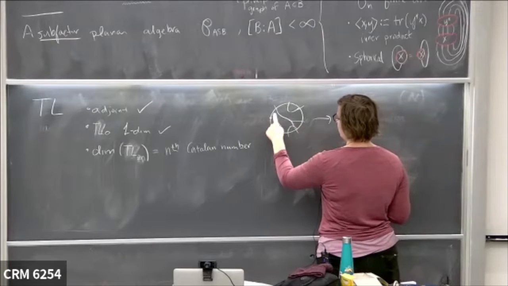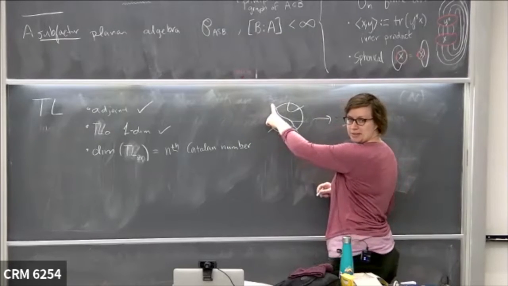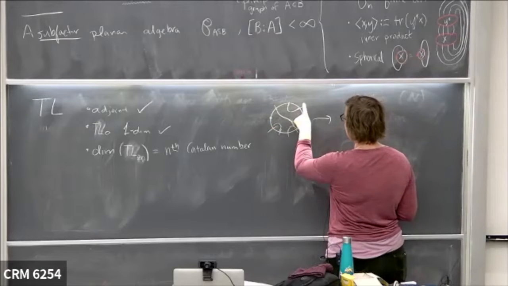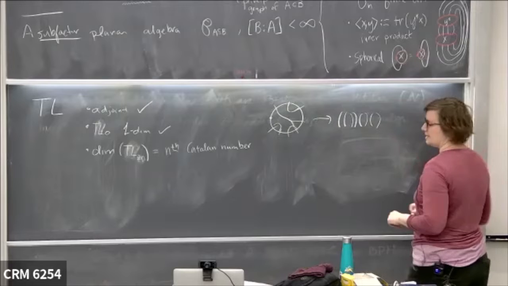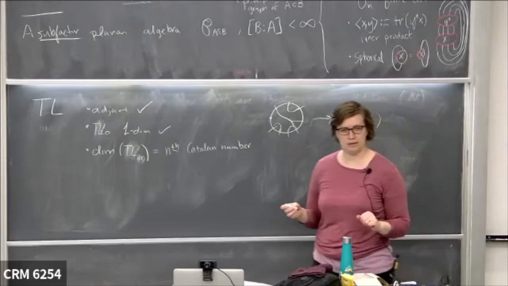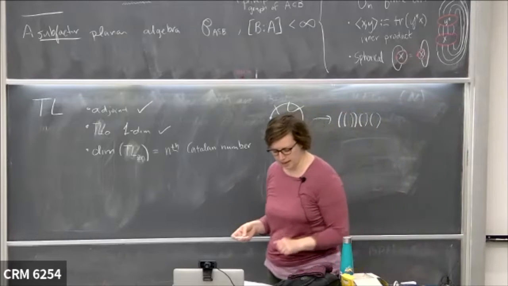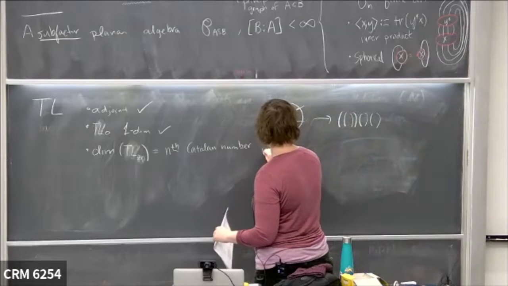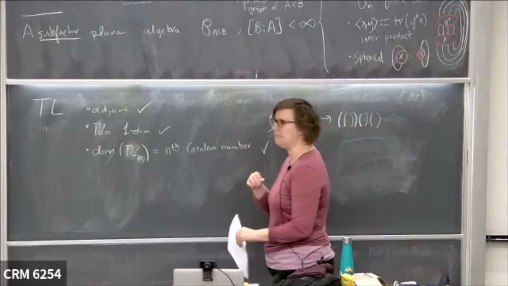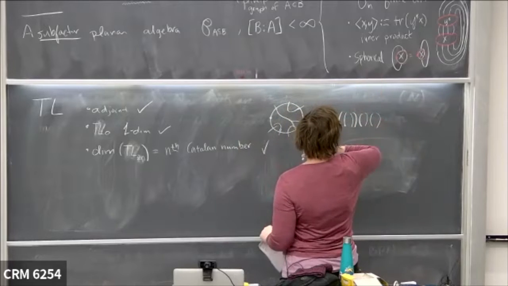And every time you encounter a string for the first time, you write an open parenthesis. And every time you encounter a string for the second time, you close the parenthesis. So this diagram corresponds to this parentheses word. Okay. And in particular, these are finite. So we're good. What else?